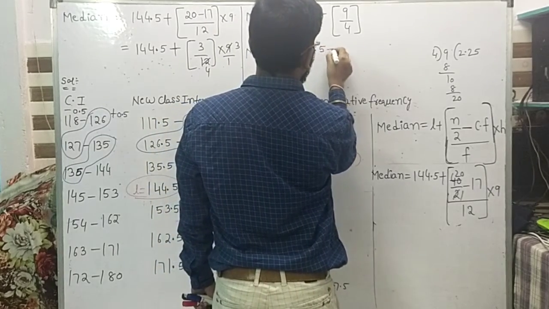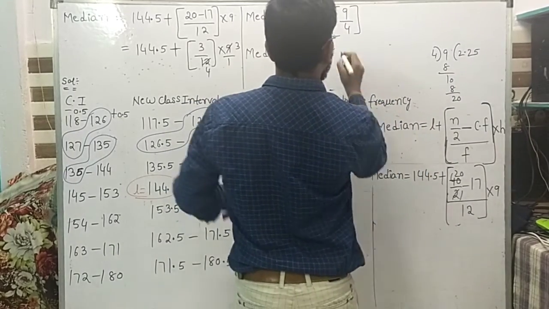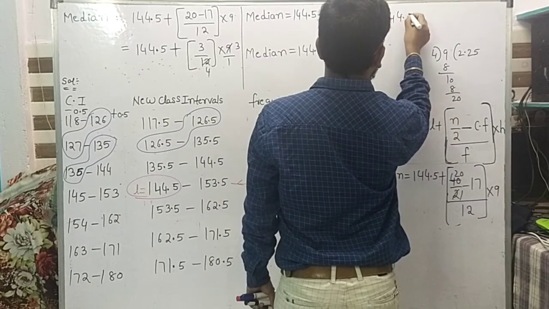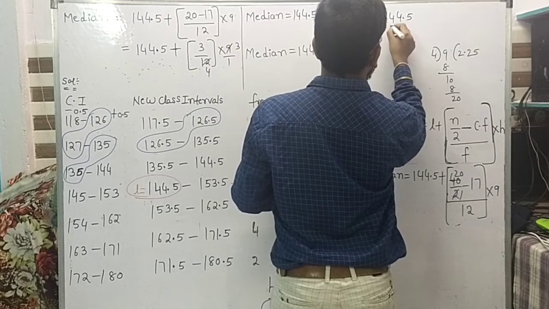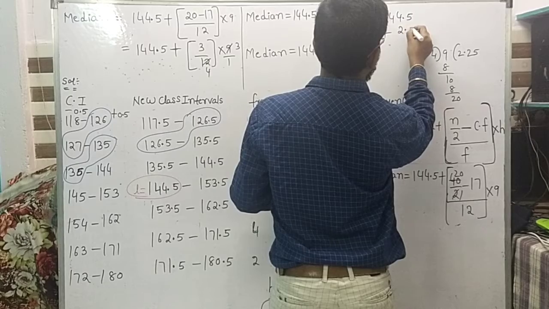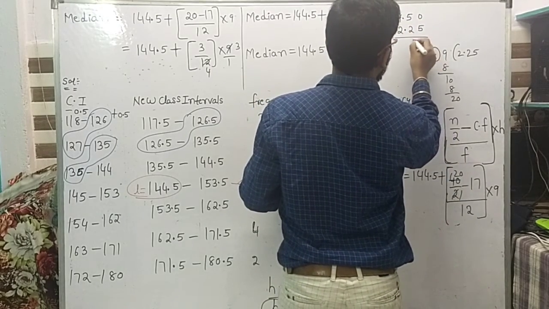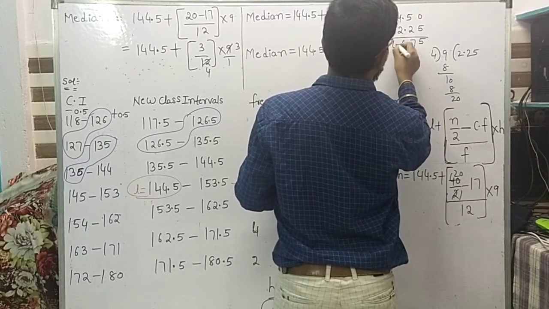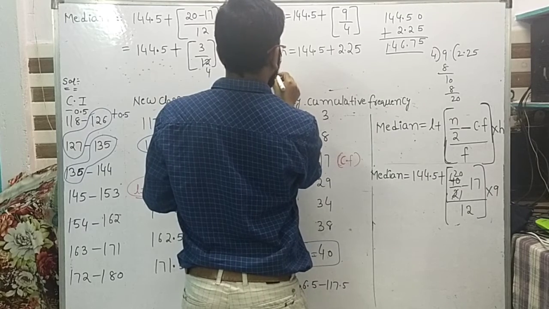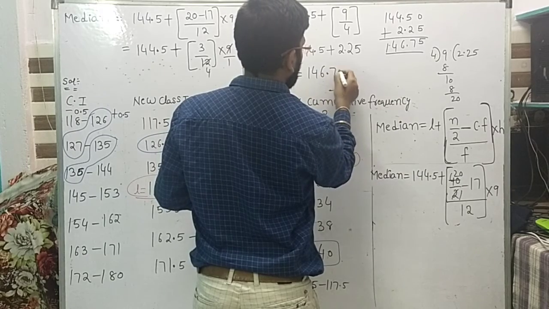144.5 plus 2.25. So add it, 144.5 plus 2.25. So the median is equal to 146.75.